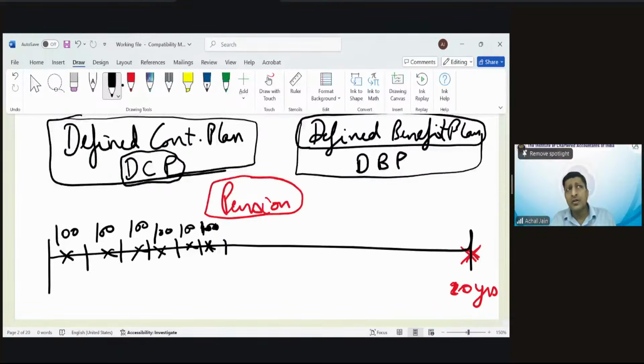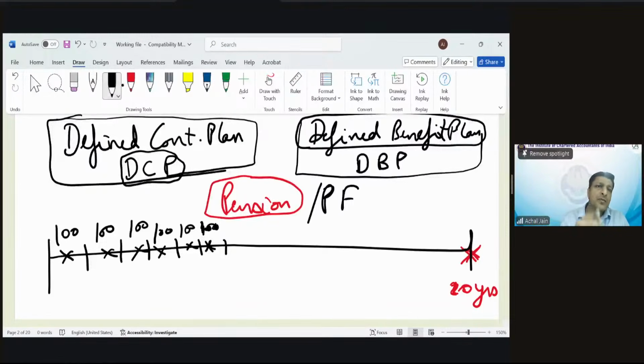Towards the fund where the employer is making the contribution, government also has some norms. Some return is required to be in place. Some fixed return the government will specify, that this should be the amount of return. Or let's suppose this PF, Provident Fund. Every year the employer will make the contribution, and on that contribution some fixed return is required to be generated, which is specified by the government.